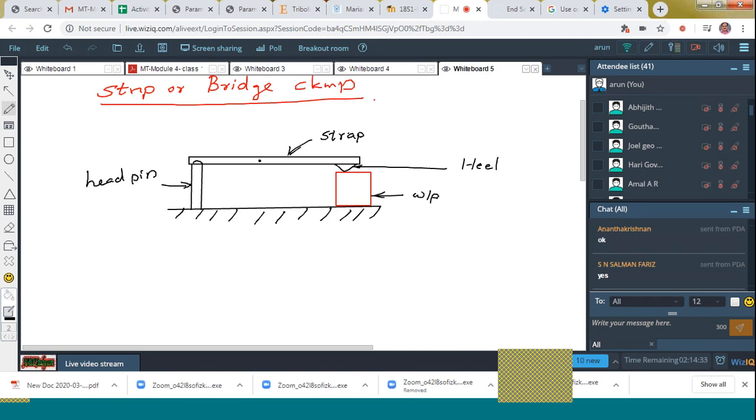By means of a nut and bolt, a spring loaded nut and bolt. The spring is also there like this.